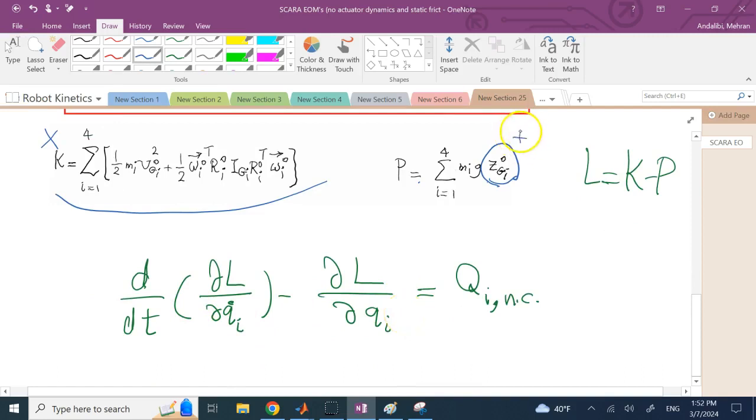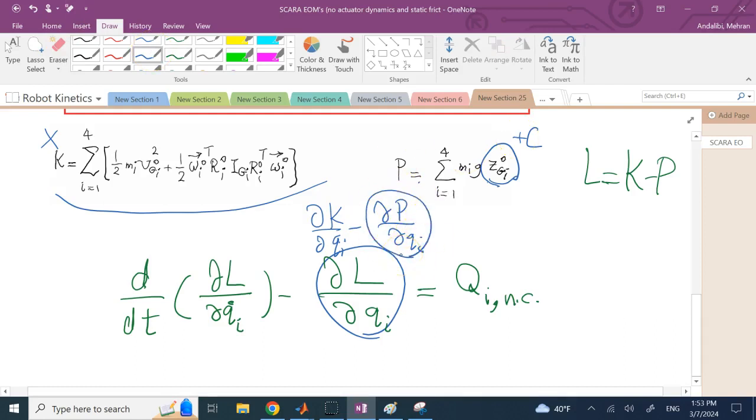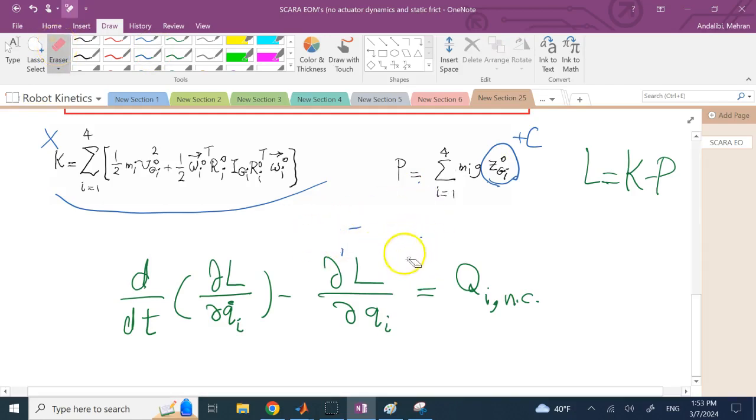If I add some constant c to P, the term partial of P with respect to qi is not going to change. Clearly, adding a constant to P is not going to make any difference here, and so we just neglected it. But again, if you want, you can go ahead and physically add that.